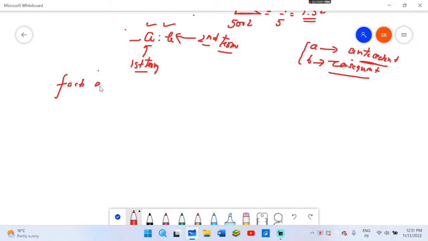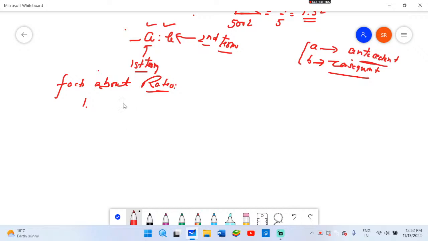Now there are some facts about ratios, some important points about ratio. First point you must keep in mind is that ratio can be multiplied or divided by same non-zero number.